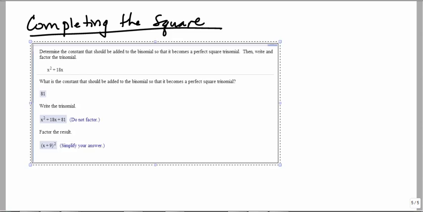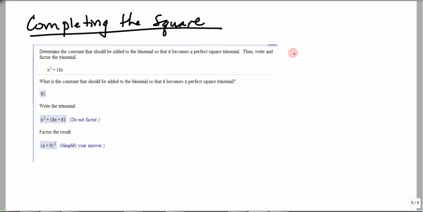Okay, so this is called completing the square. So the reason it's called completing the square is we start with an expression x squared plus 18x, and we want to know what number should go here in order for me to eventually write this as a perfect square binomial. Well, the way this works is you always take half of the linear term.